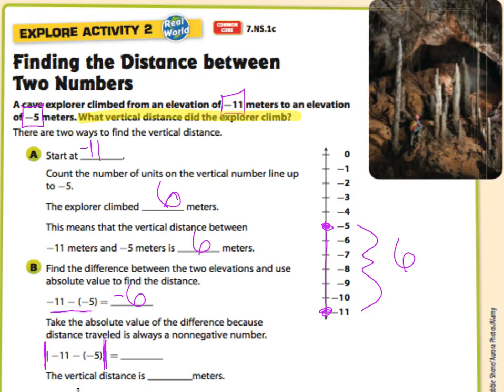Okay, because we know that he actually went up, but in this case, because we're using subtraction to find the difference, we're getting a negative number. So we use that absolute value to keep us from getting the negative and just get an answer of how far. All right, so if I use the absolute value, I get the same thing as I got on the number line of just going up those 6 meters. So again, when I just want to know the difference, when I don't care about up or down, I use that absolute value.